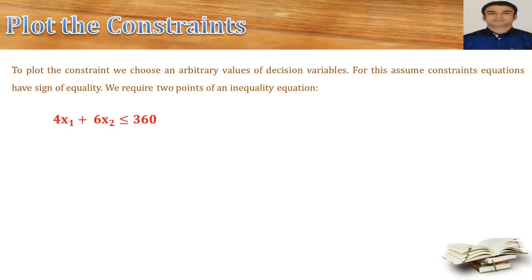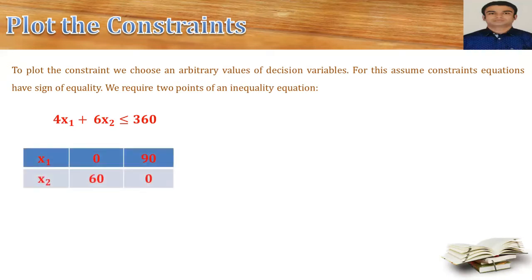Our first equation is 4x1 plus 6x2 is greater than or equal to 360. Now, if I assume x1 is equal to 0, then what is the value of x2? x2 is equal to 360 by 6, meaning x2 is equal to 60.